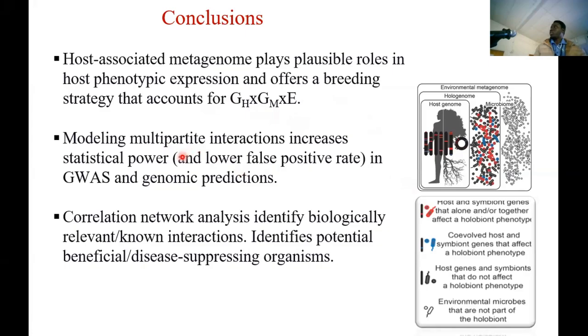Whereas the modeling of multi-species interaction increases statistical power and lowers false positive rates in GWAS and genomic predictions. Also, correlation network analysis identifies biological relevance of known interactions, and identifies potentially beneficial and disease-suppressing organisms as well.